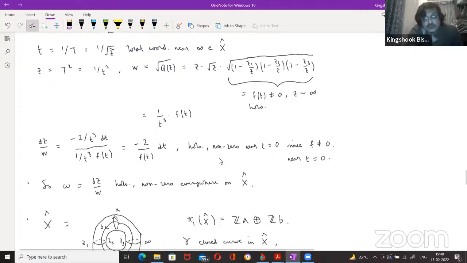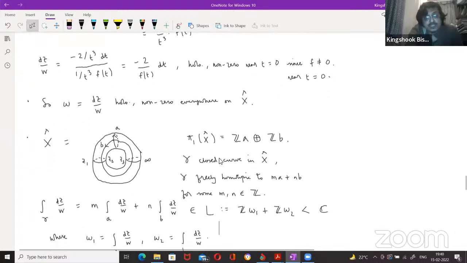In summary, we've shown that our differential form dz over w, which was holomorphic and non-zero outside these 4 points on the algebraic curve, z1, z2, z3, and infinity, extends to a holomorphic one form on the whole torus, which is non-zero everywhere on this whole torus. That means I can integrate over all paths in this torus.